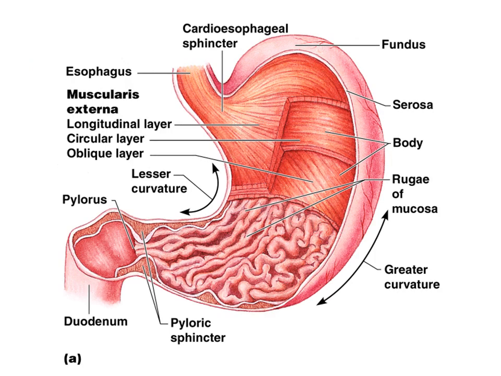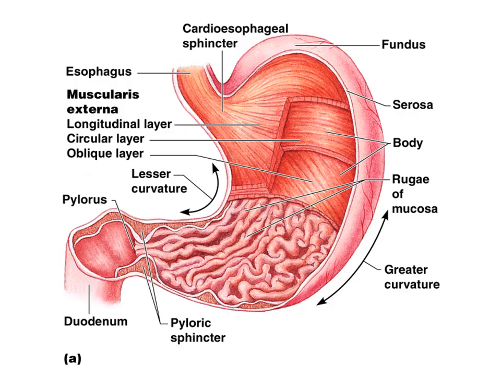Here we can see very clearly the gastric rugae and the three parts of the muscles. You have the oblique one, the longitudinal, and the circular one in between them. This is also the pyloric part, pyloric sphincter, duodenum, and the two curvatures, greater and lesser curvature.